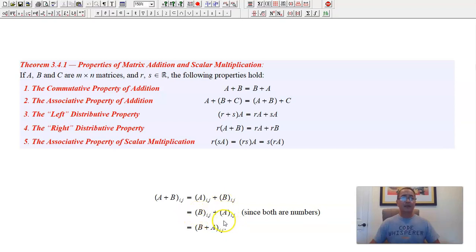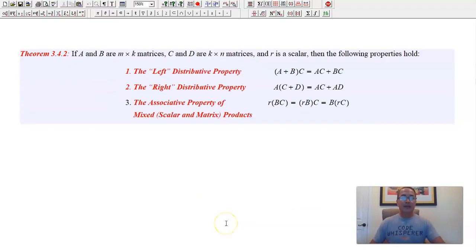But again, by definition, this sum is what is found in row i, column j of the matrix b plus a. So a plus b, the entry in row i, column j, is exactly the same as b plus a, the entry in row i, column j. So the two matrices are exactly the same.